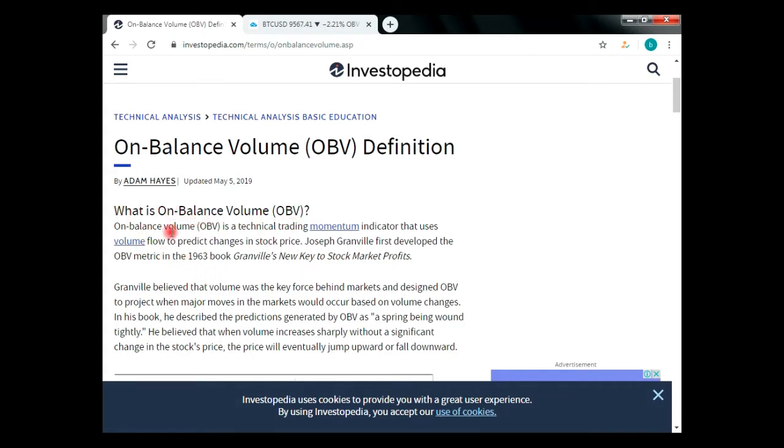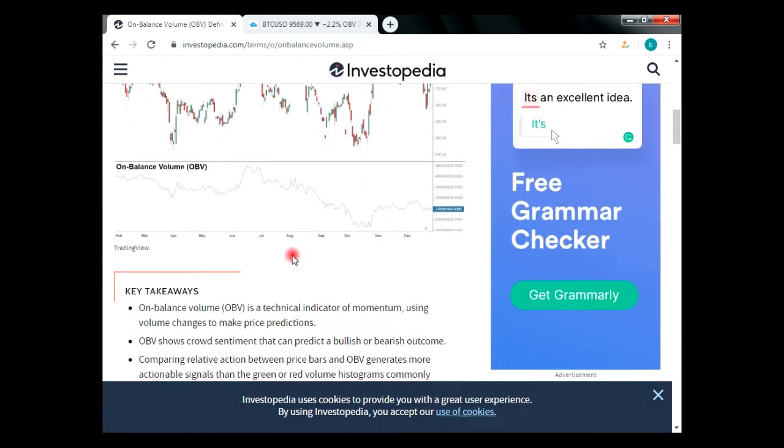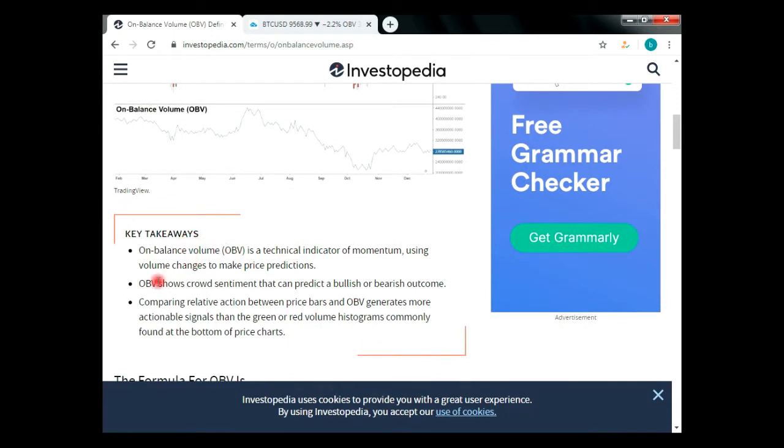What is On Balance Volume? On Balance Volume, OBV, is a technical trading momentum indicator that uses volume flow to predict changes in the stock price. Joseph Granville first developed the OBV metric in 1963 in his book Granville's New Key to Stock Market Profits.